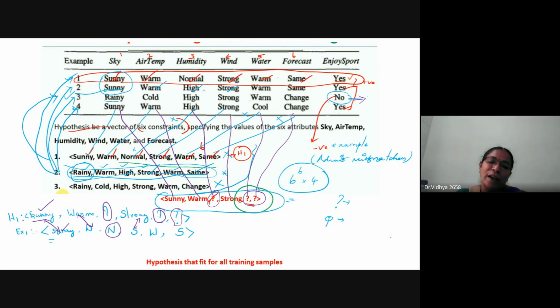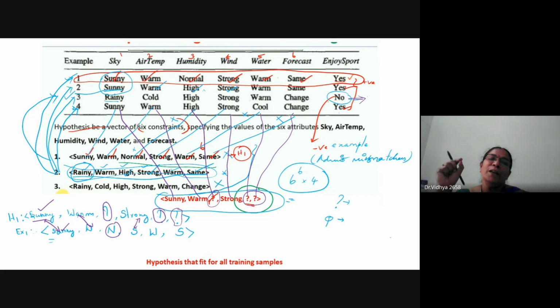So how are we identifying this? Why are we moving to a little more advanced algorithm? For 6 attributes, imagine that you are identifying the solution. We are generating different combinations like sunny, warm, normal, strong, warm, same. There are 6 attributes, so for 6 factorial combinations we can generate, right?